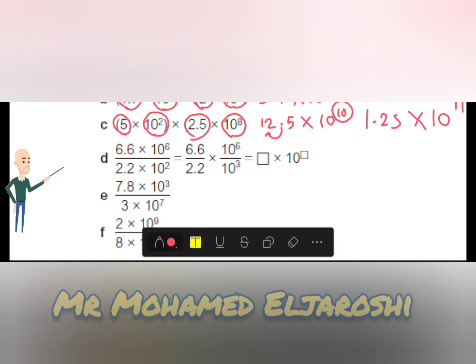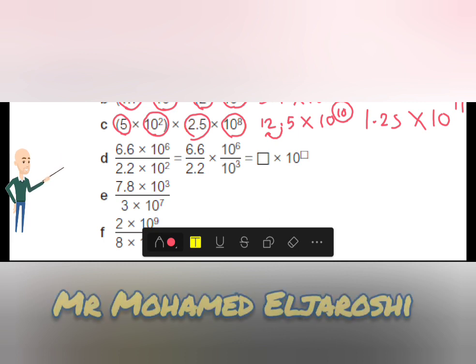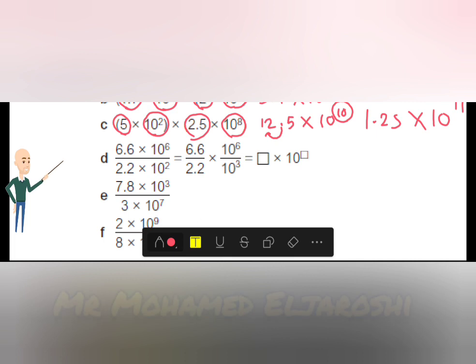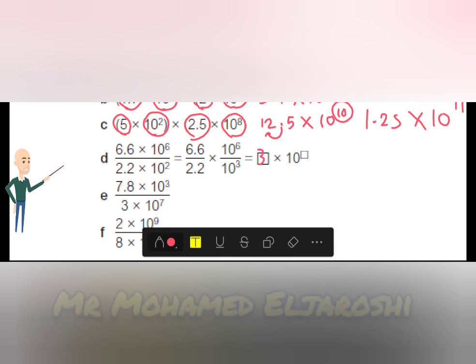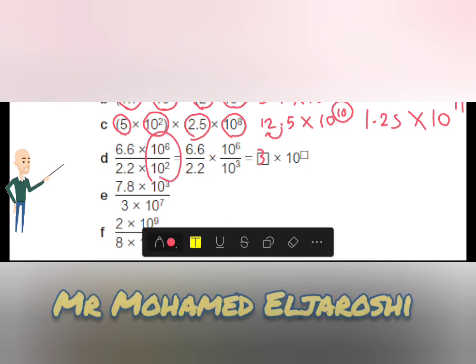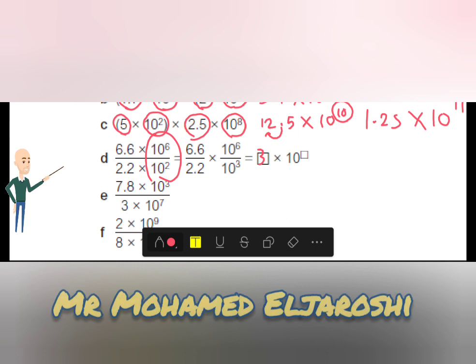I have 6.6 and 2.2. So 6.6 divide 2.2 equals, very good, equals 3. So this one is 3. Now I want to know what's the power. So I divide these two numbers on each other. One of them is power of 6 and the other is power of 2.